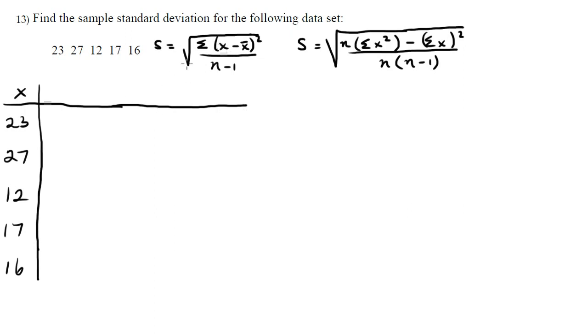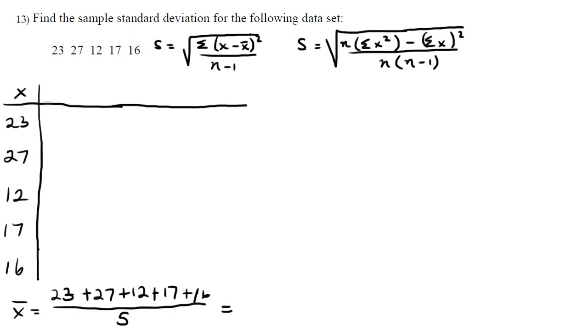So we have the sum of the x minus the means, the deviation from the means, how far each value is from the mean. So, of course, we need to find the mean first. So the mean of these five values, add them up, 23 plus 27 plus 12 plus 17 plus 16 divided by 5.